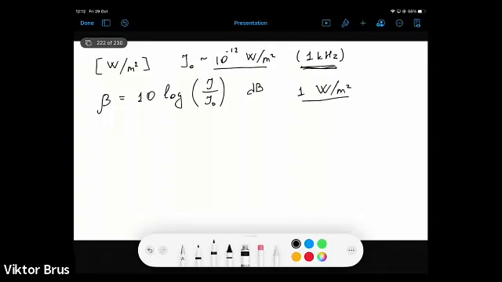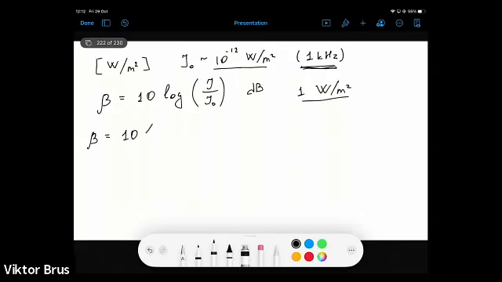If we now substitute this intensity of 1 watt per square meter in the numerator of the argument of this logarithm, let's see which sound level we'll get.